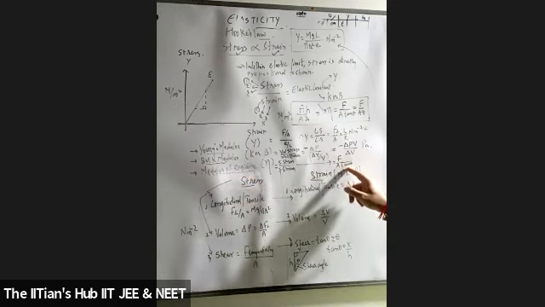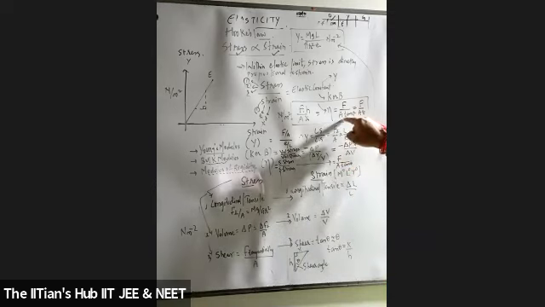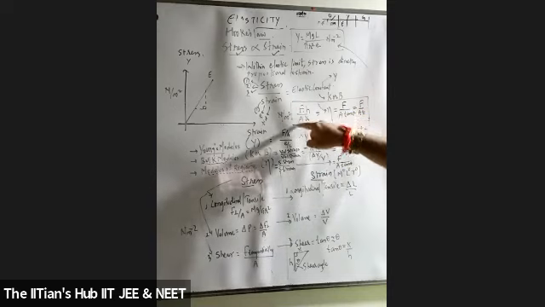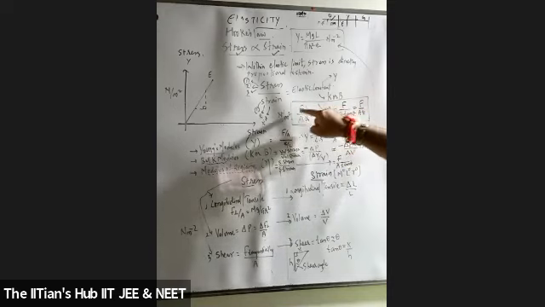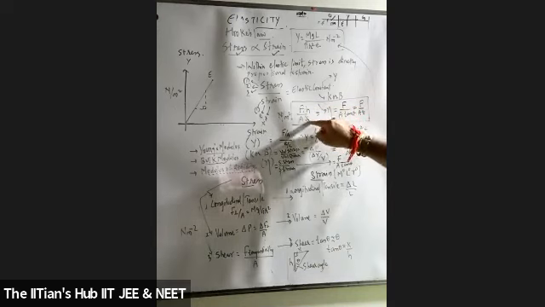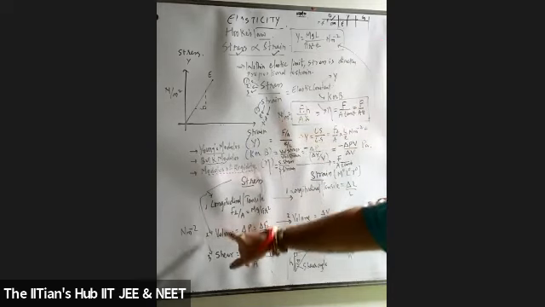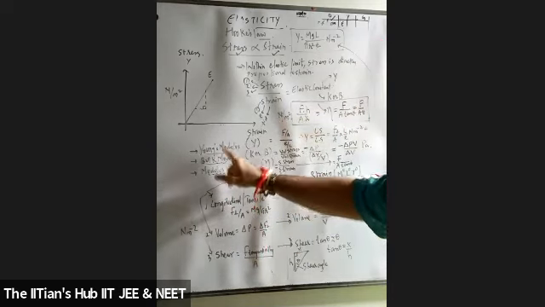Modulus of rigidity, eta, is shear stress to shear strain. F upon A tan theta. Tan theta is in the denominator. So either I can write it in this manner, or instead of tan theta, simply I can write theta measured in radians, or I can write F by A into h upon x. This is lateral displacement upon perpendicular distance. वो ऊपर चला गया. What is the unit of this also? Newton per meter square.